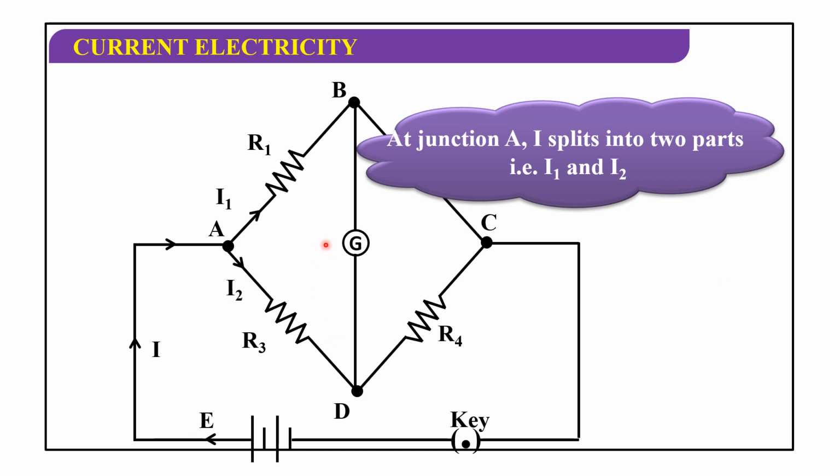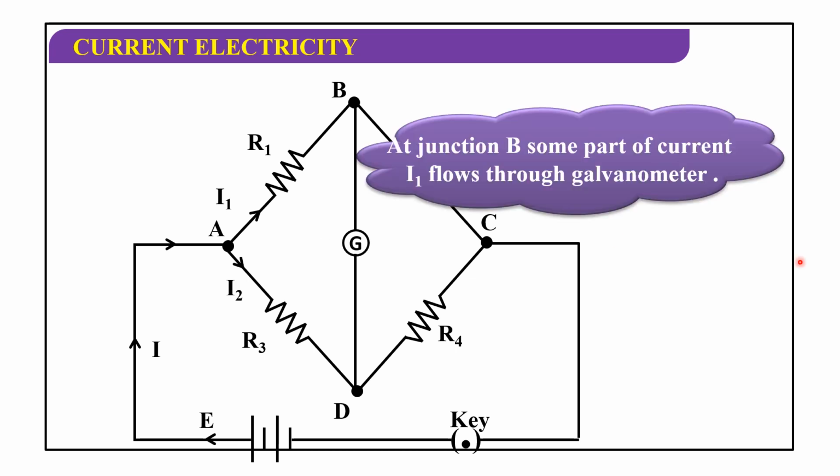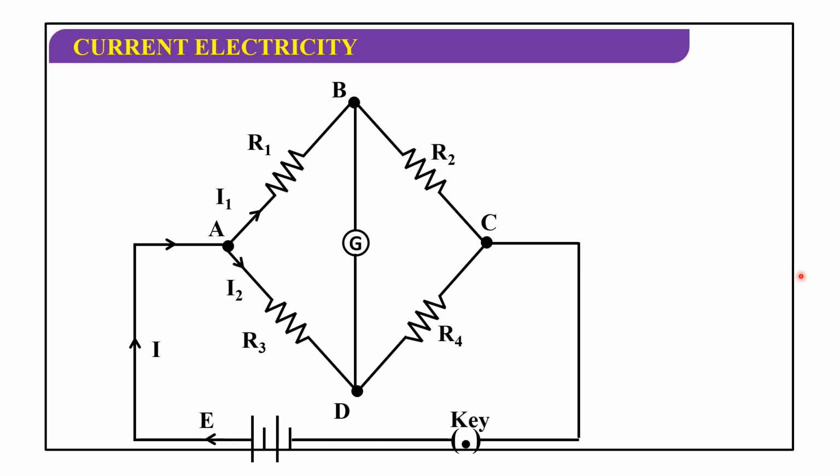I1 goes through resistance R1 and I2 goes through resistance R3. At junction B, some part of the current I1 flows through the galvanometer, through the conducting path BD.